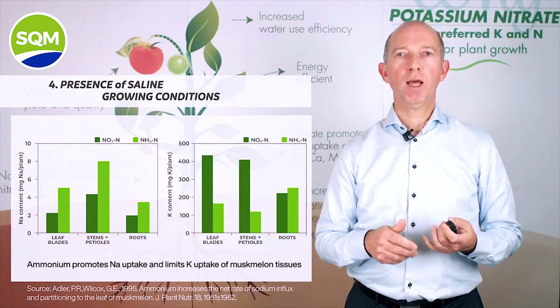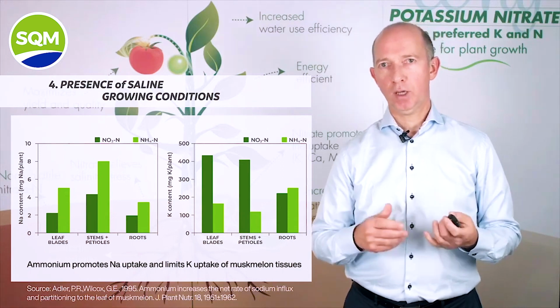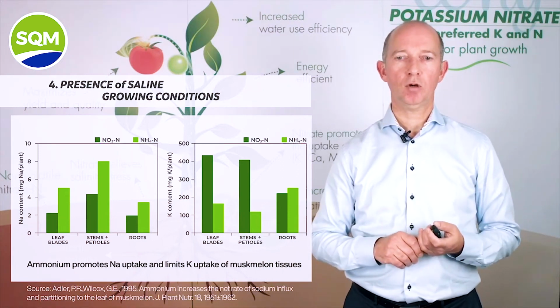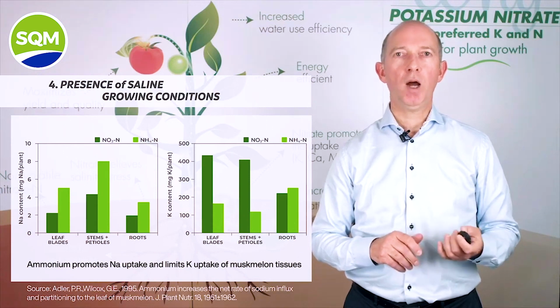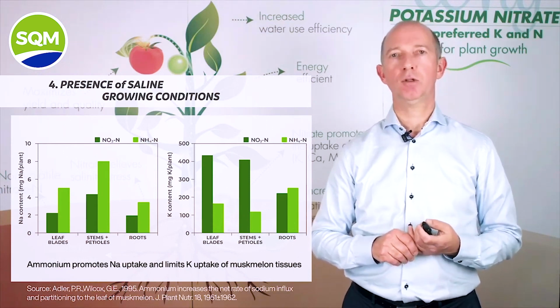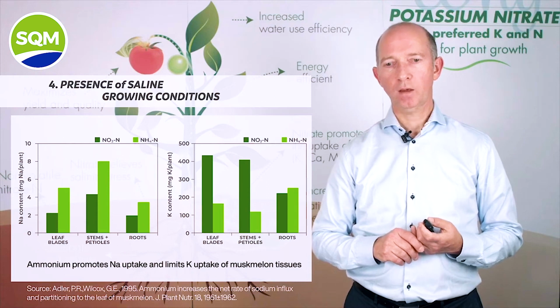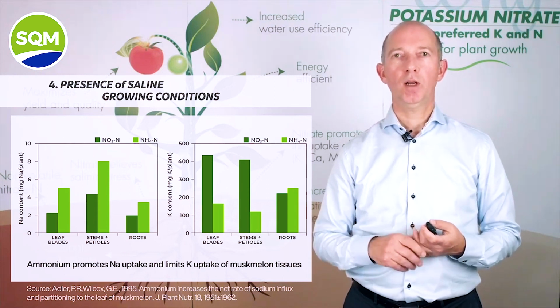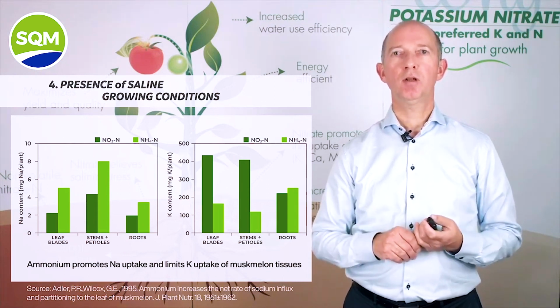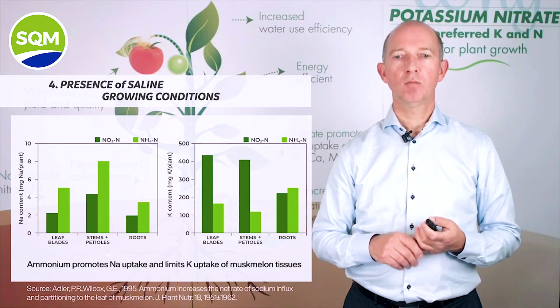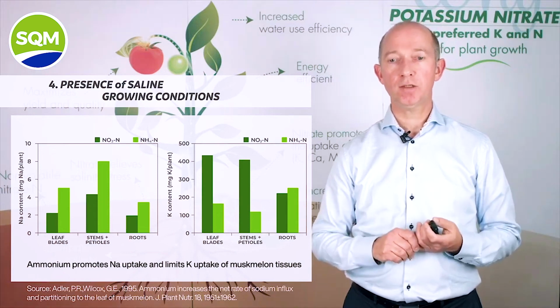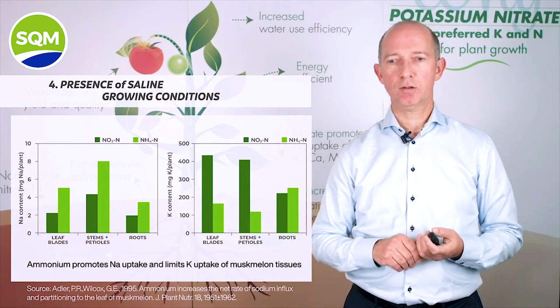The plant fed with nitrate in the light blue color and the one with ammonium in the dark blue color. On the y-axis it shows you the sodium content. It's clearly shown that when ammonium is the predominant nitrogen source, more sodium was found in the leaf blades, the stem and petioles, and in the roots.